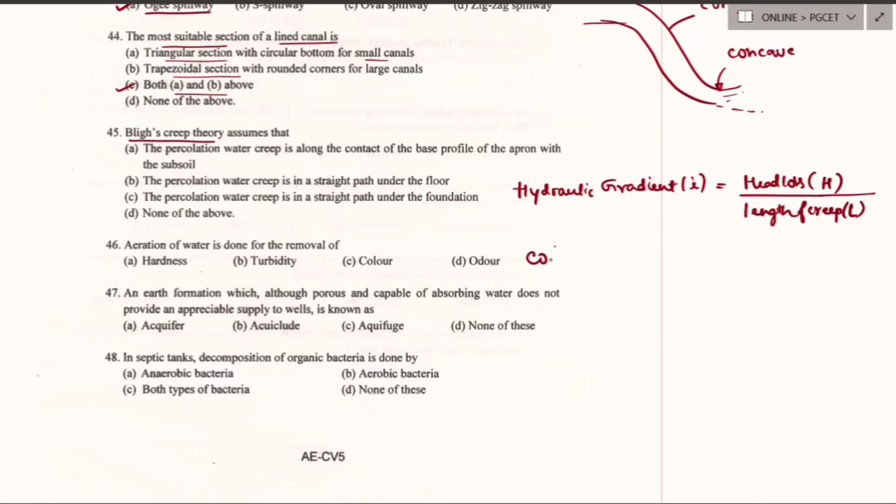And the coefficient of creep is given by reciprocal of hydraulic gradient, that is L by H. Option A is the right answer. That is percolation water creep is along the contact of the base profile of the apron with subsoil.